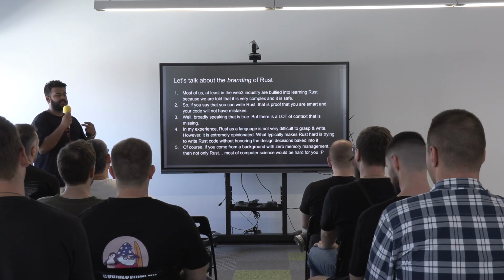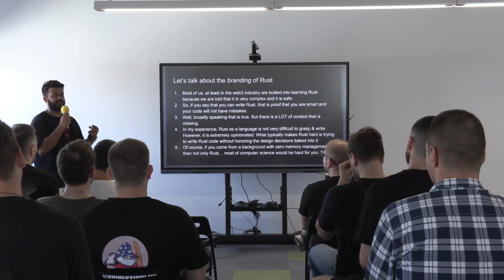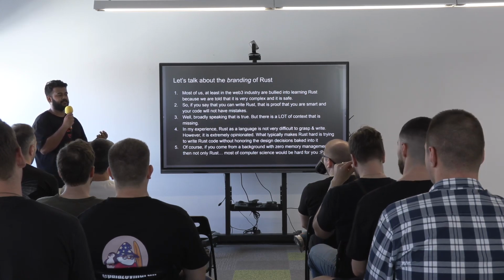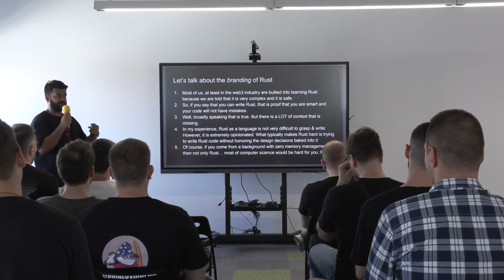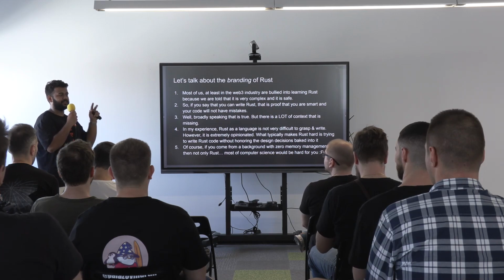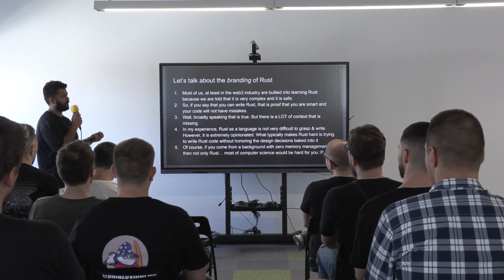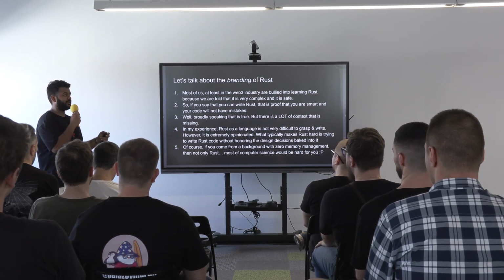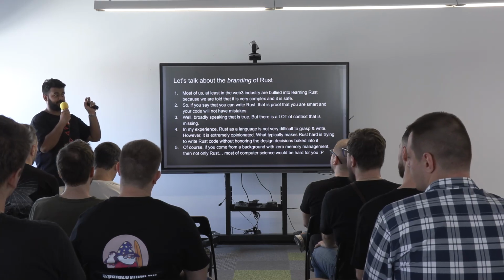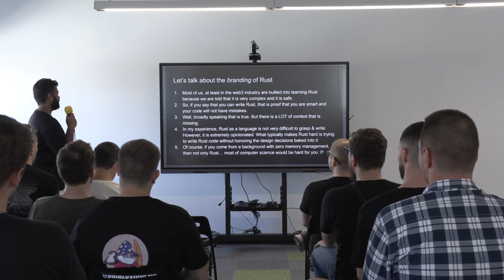For example, the biggest issues I've seen are with people who have experience writing C and C++ code. They come to write Rust code and face a lot of issues, not the Rust beginners, because Rust was basically made as an antidote to all the issues that came up in C, all the memory issues. So Rust wants you to do things in a certain way, and if you do not, that increases the complexity and difficulty, not the actual difficulty of the language.